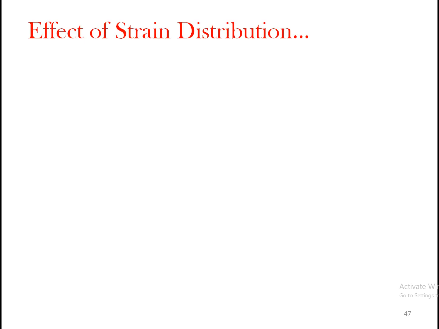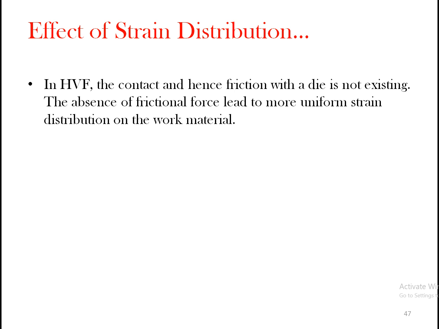Fine. Now, the effect of strain distribution. See, the important thing is that in the conventional forming process, there is a contact between the punch and the workpiece, and then it takes the shape of the die. But in the case of high velocity forming, there is no contact between the workpiece and the explosive material.